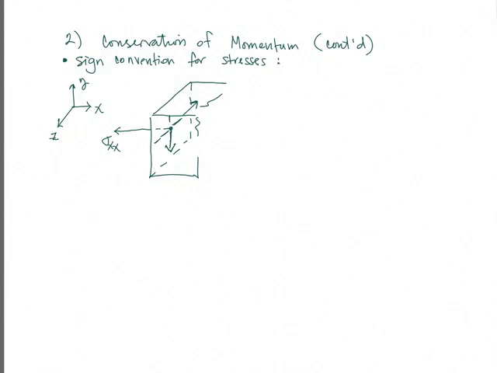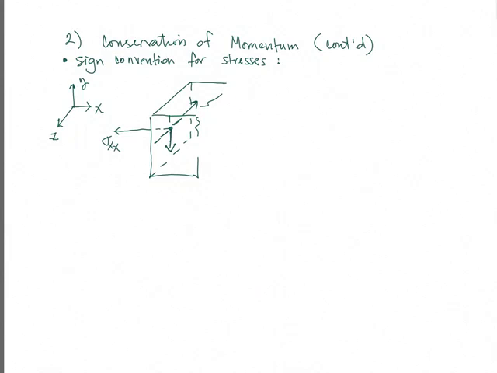So we have here all stresses shown are considered positive because the outward normal points in the negative coordinate direction, and so the stresses are considered positive if they point in the negative coordinate direction, in the direction of the outward normal.